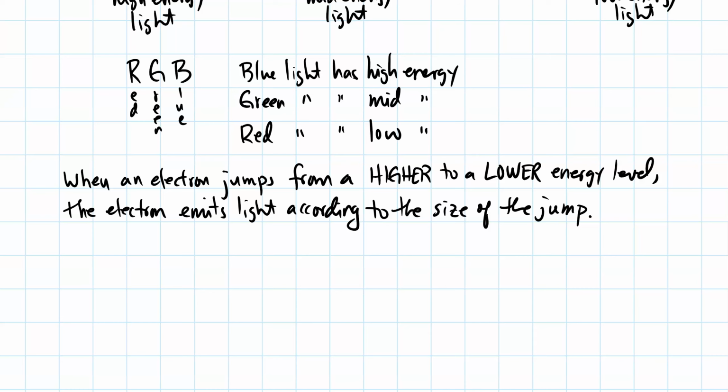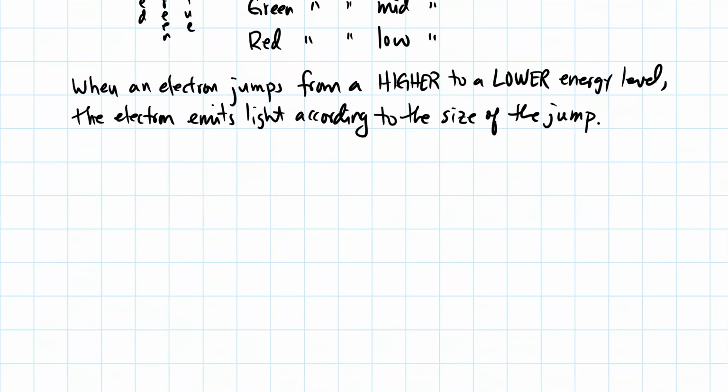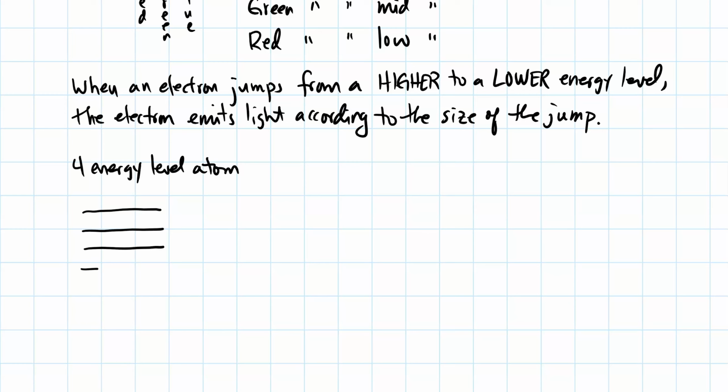Let's draw pictures according to these jumps here. So imagine that I have a 4 energy level atom. So if I go 1, 2, 3, 4, so I got 1, 2, 3, 4.